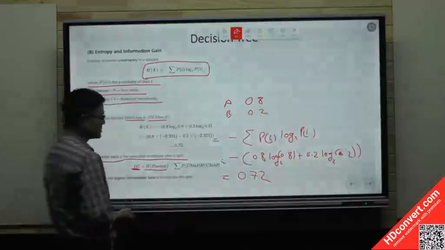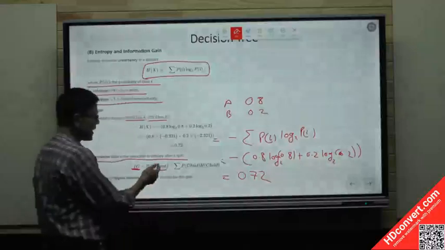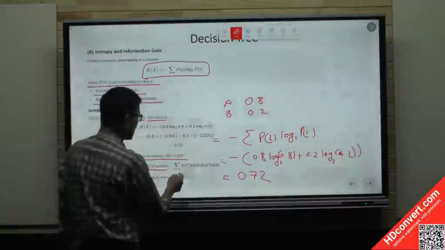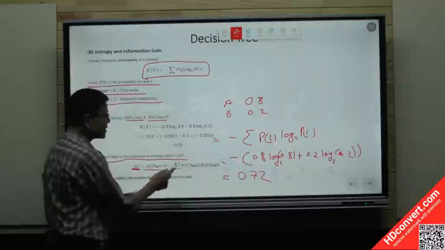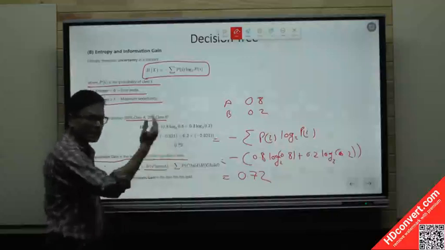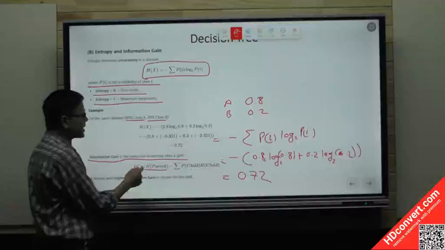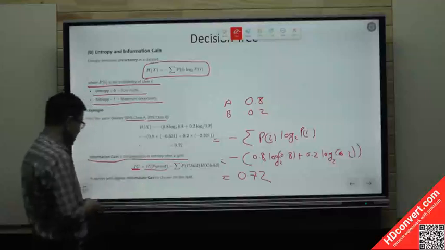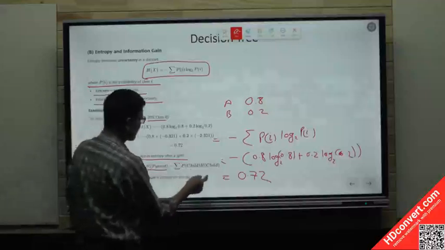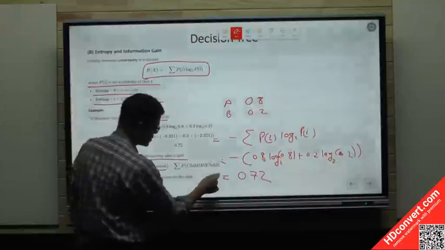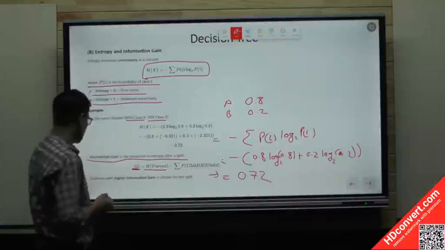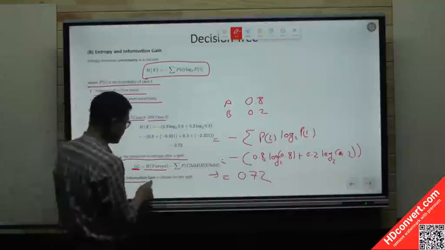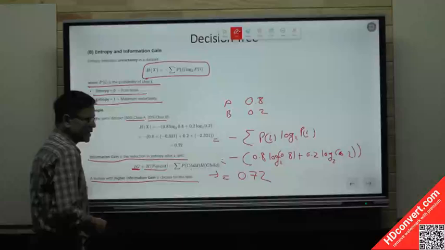That means you multiply each child's entropy by its probability, then sum them if there are further classes at this point, and subtract from H parent. The H parent at this point can be assumed as 0.072. So a feature with a higher information gain is chosen to split.